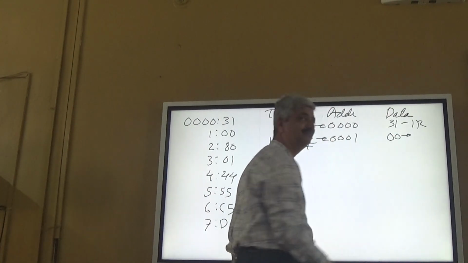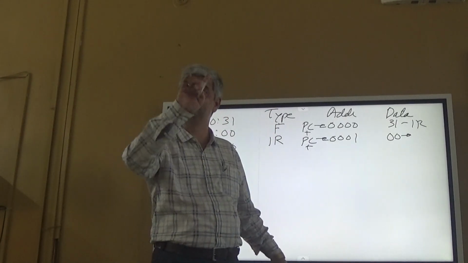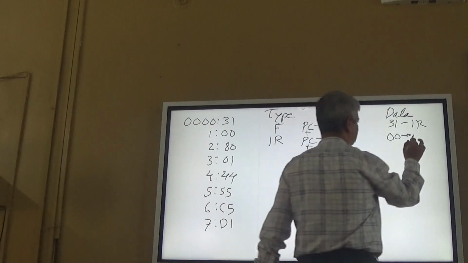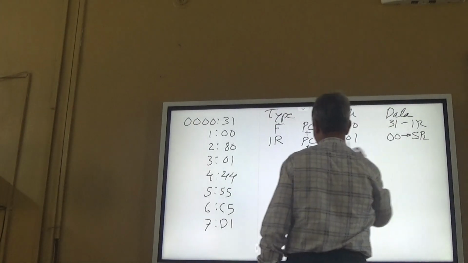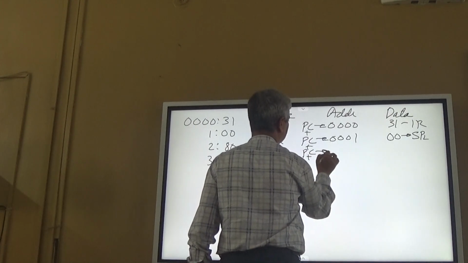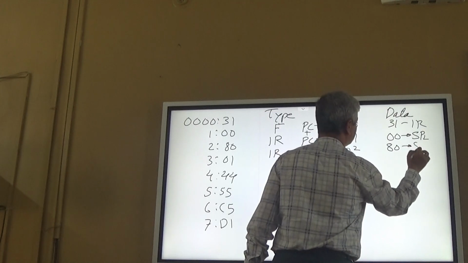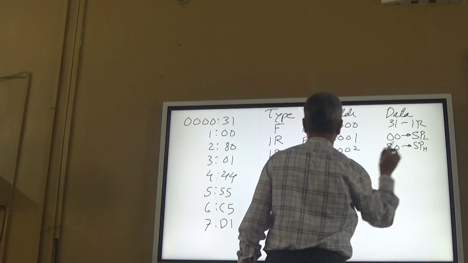Where will this go? SPL, right? I hope that now at least everybody is clear with this notion. Then instruction read, program counter giving 0002, 80, it is going to stack pointer higher.